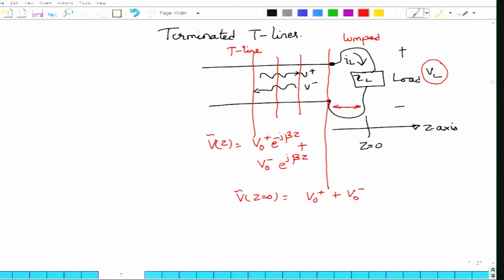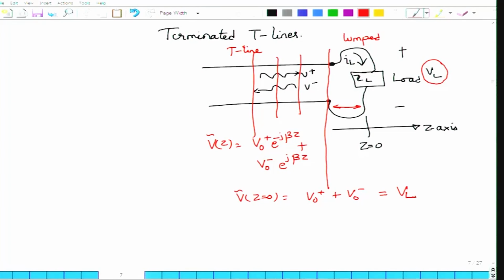The length of this region that I have considered, or the shape of this region, has no bearing whatsoever for the relationship between voltages and currents. So, to come back, the load voltage is VL and the load current is IL, and the load voltage here, if you approach the load from the left, will be given by V0+ + V0-, which would then be equal to VL.